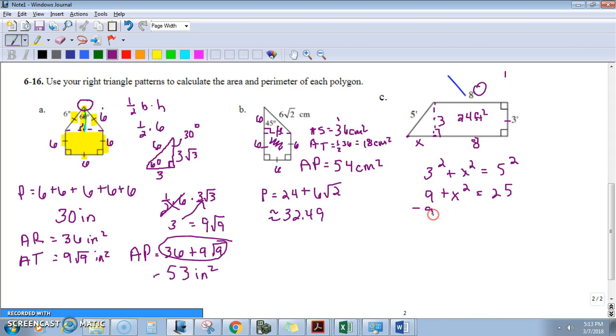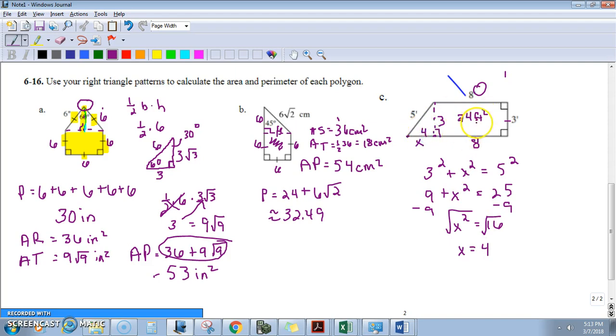So subtract 9 from both sides, and I get x squared is equal to 16, and take the square root of both sides. Now this is very important. Normally it'd be plus or minus the square root of 16, but when we're dealing with area or triangles, we only use the plus because you're never going to have a negative distance. So we're just going to say x is equal to 4. So back up here, we have this side is 4.